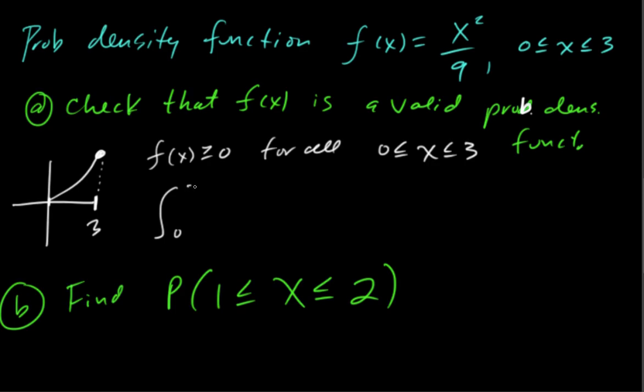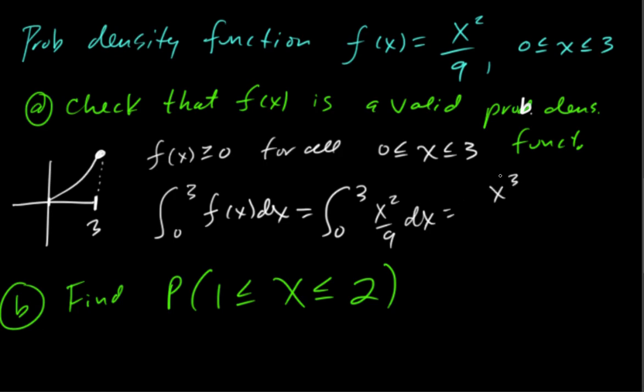And then we need to check to see that the area under the curve is 1, so we need to check that that's equal to 1. If we take the antiderivative, it's going to be x to the 3.